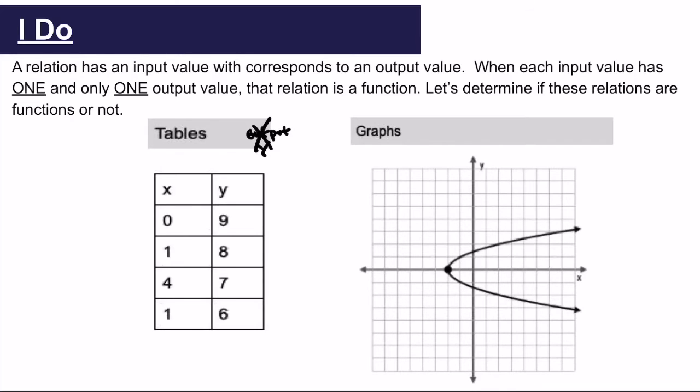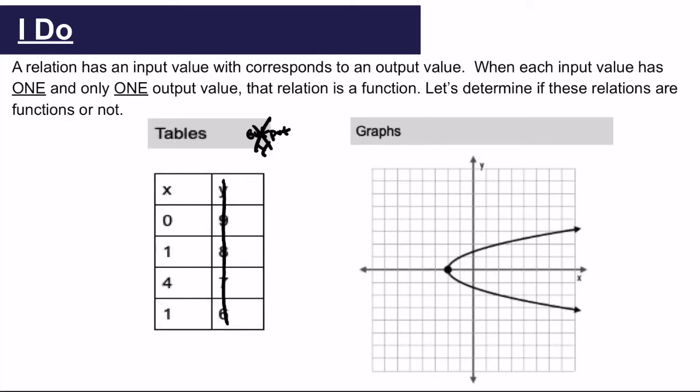We want to cross out these y values right here. Next, we need to check if our x values repeat. If our x values repeat, then it's not going to be a function because for every one input, there needs to be exactly one output.